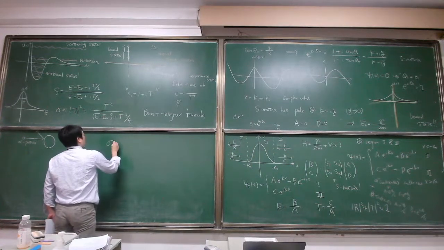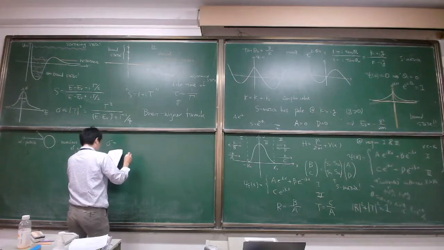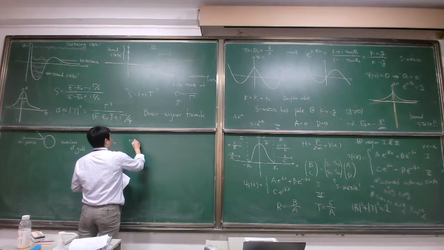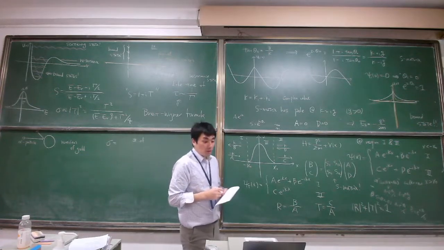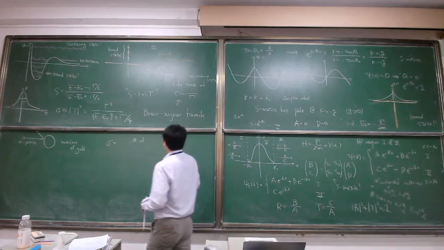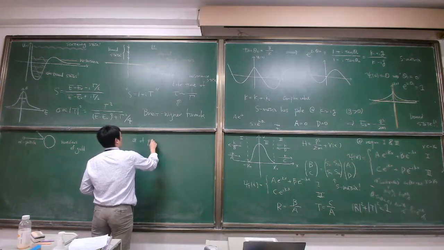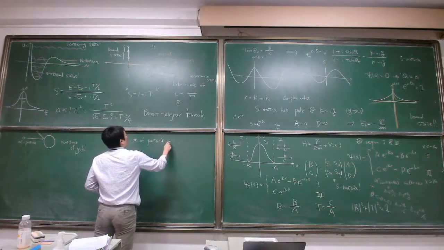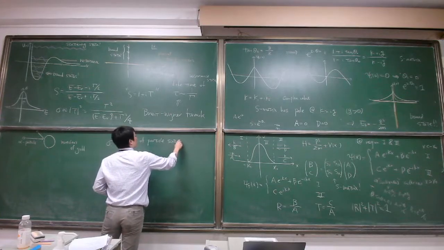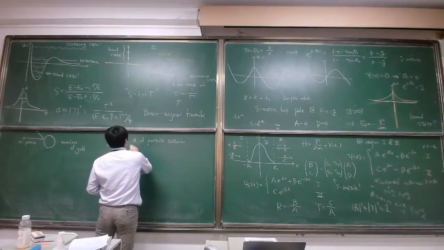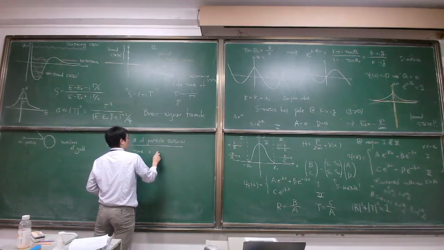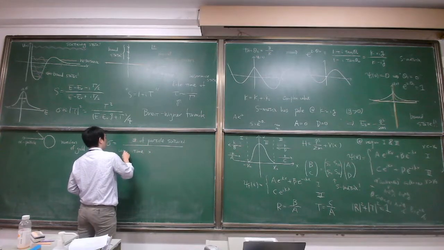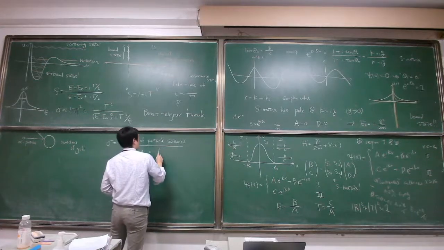So the cross section is given by the number of particles scattered, divided by unit time and unit flux.